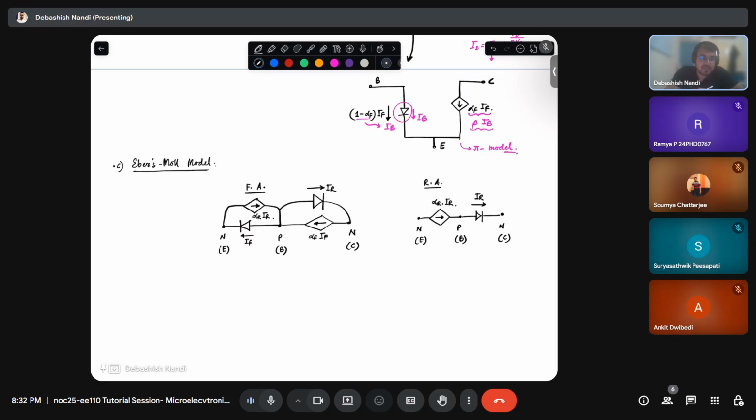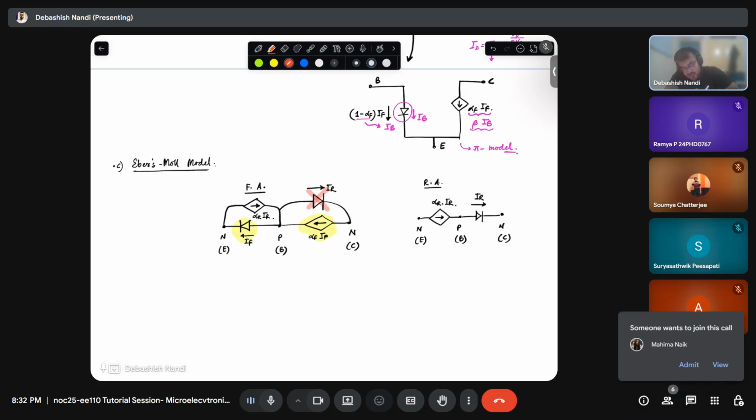Now depending upon the bias conditions, you can have any of them, right? For example, in your forward active mode, this will dominate and this will dominate. And what happens in forward active mode? The collector base junction diode becomes reverse biased.